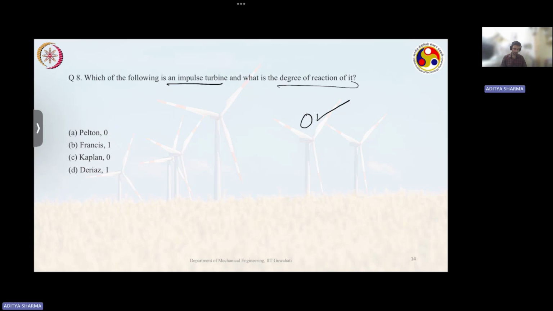Two options are there, Pelton and Kaplan. Out of Kaplan and Pelton, only Pelton is an impulse turbine. So option A is correct.